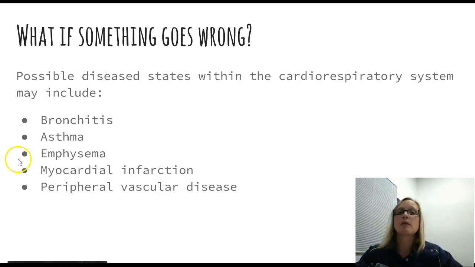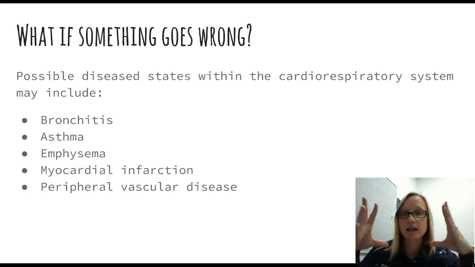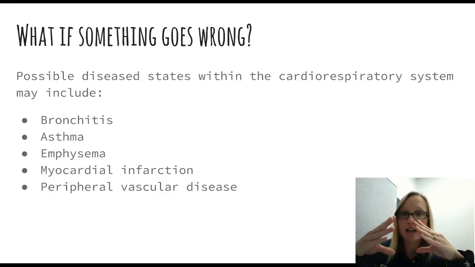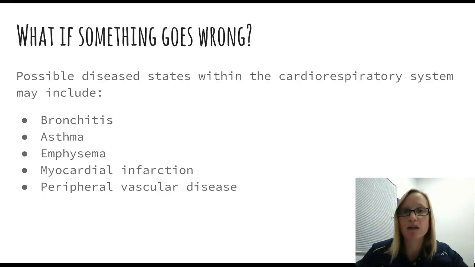We've got emphysema, which results in a decreased elasticity of the lungs. So if you imagine when the lungs expand and contract, they've got a lot of elastin in them, so they're literally like elastic, they can stretch out and contract in. If you don't have that stretch anymore, it becomes quite hardened, and it's very hard then to breathe in and breathe out.